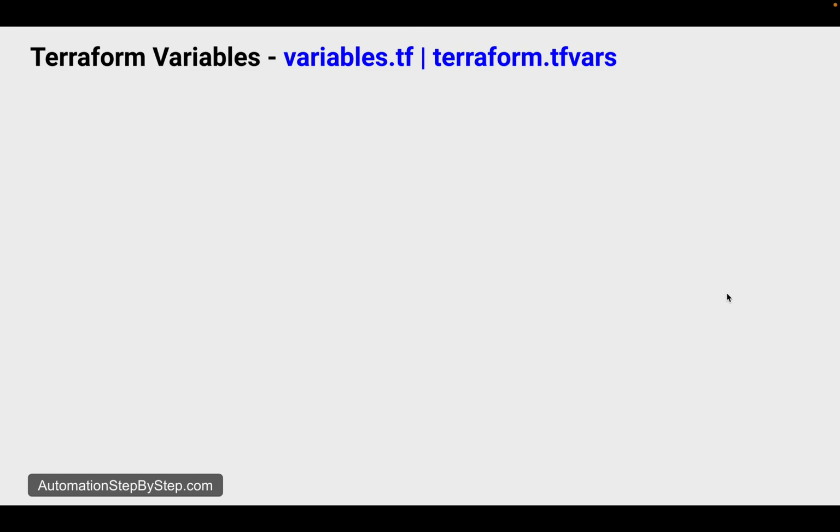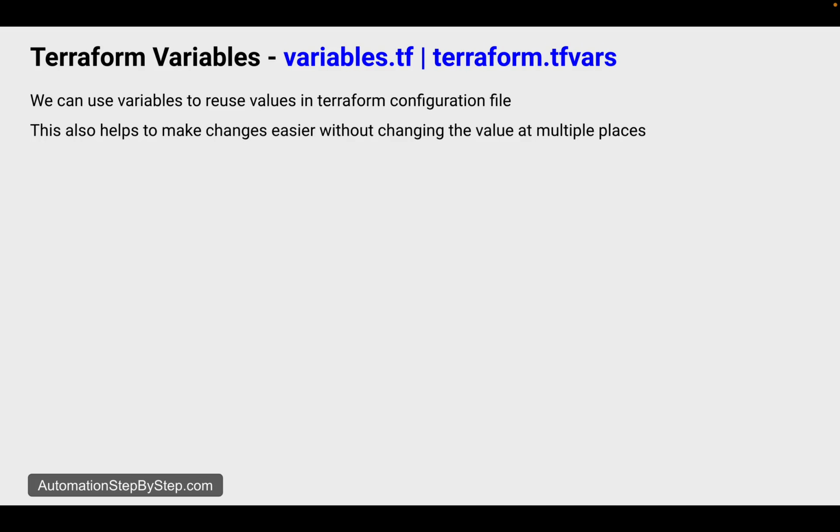Okay, so here in Terraform we can use variables to reuse the values in the Terraform configuration file, and also it will be very useful if you do not want to expose any values directly in the configuration file. We want to use variables and then give the values from a separate file. Even then it will be very useful, and it also helps us to make the changes easier.